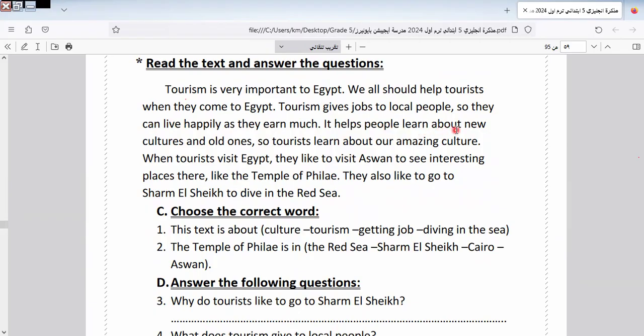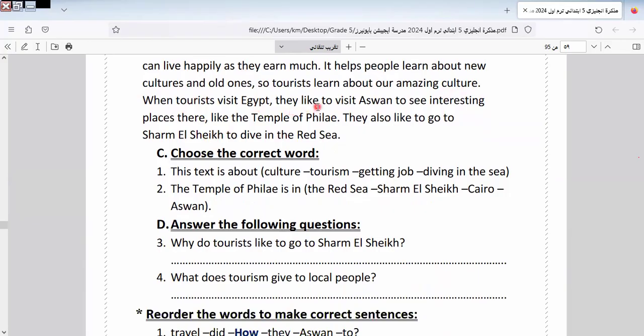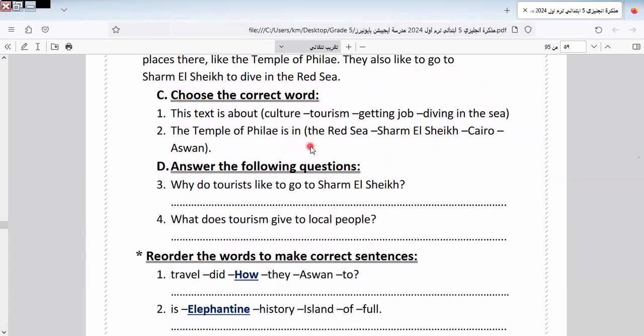It helps people learn about new cultures and old ones. So tourists learn about our amazing culture. When tourists visit Egypt, they like to visit Aswan to see interesting places, like the temple of Philae. They also like to go to Sharm el-Sheikh to dive in the Red Sea.